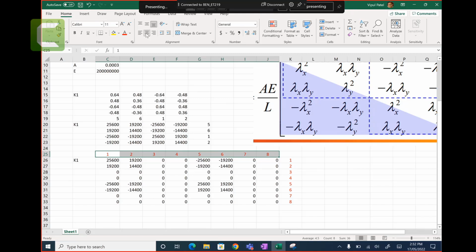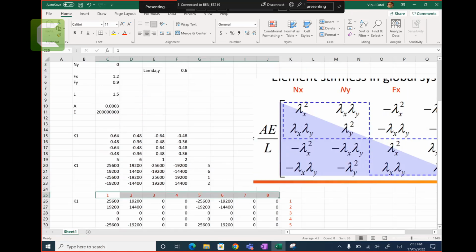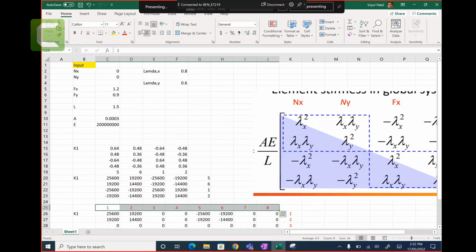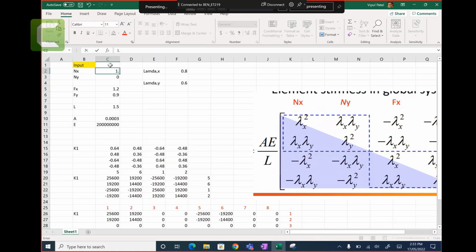Now we're not going to do all this by hand. The magic will start now. For this one, if I change the number here, which is K2 with a lambda x, NX is, what was that? This one 1.2 and 0.9.